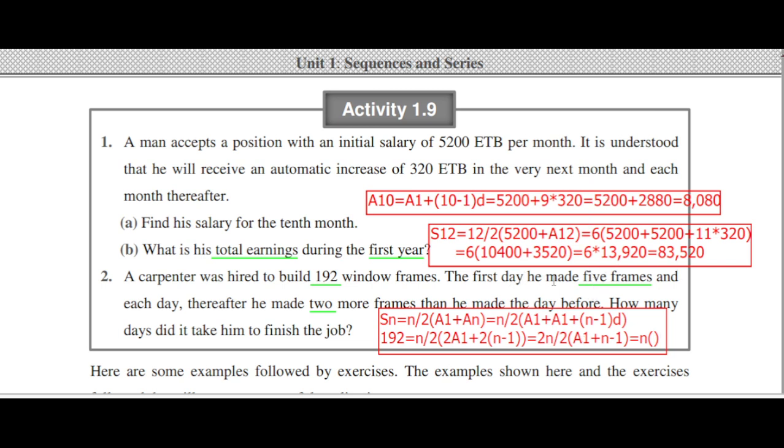The first day he made 5 frames, so a1 is 5 plus n minus 1. Now 5 minus 1 is 4, so n times n plus 4 is equal to 192.